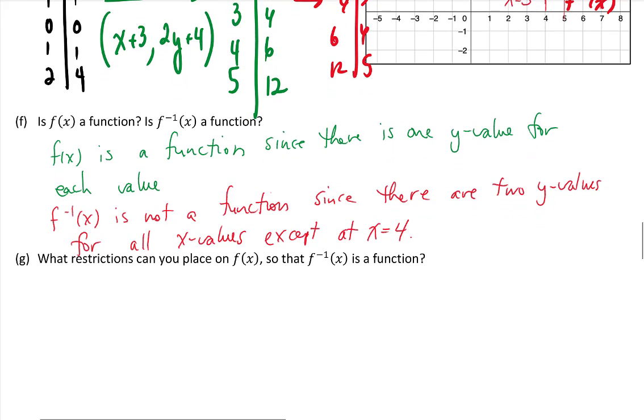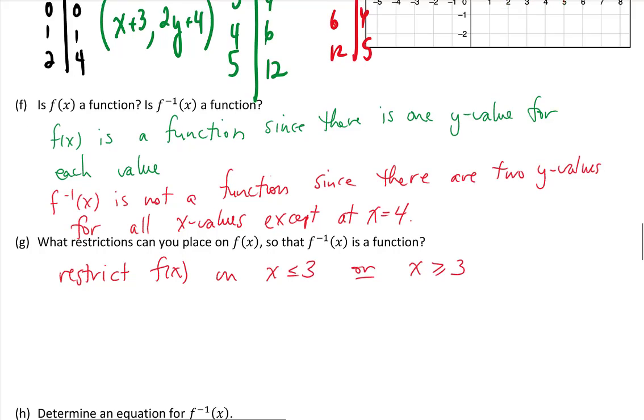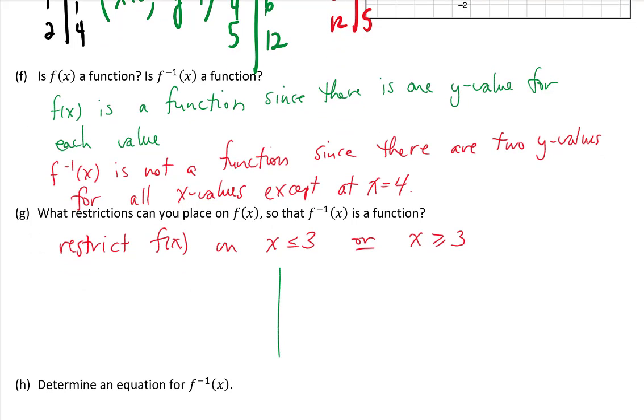So what restrictions can you place? Here are our two options. We can restrict f of x on x less than or equal to 3, or we can do x greater than or equal to 3. Just to remind you what the graph would look like, let's draw them.